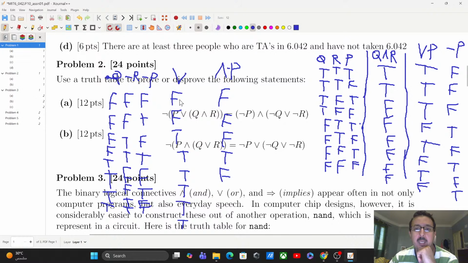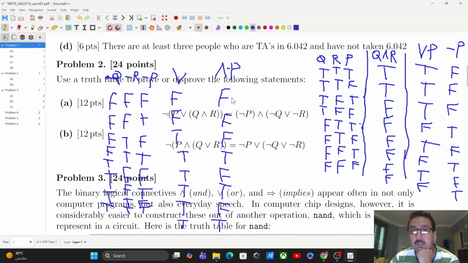The OR and them. I got FF, false. FT, true, TT, true. FT, true. I got TT, true. FT, false. And I got TT, true. So what am I having?